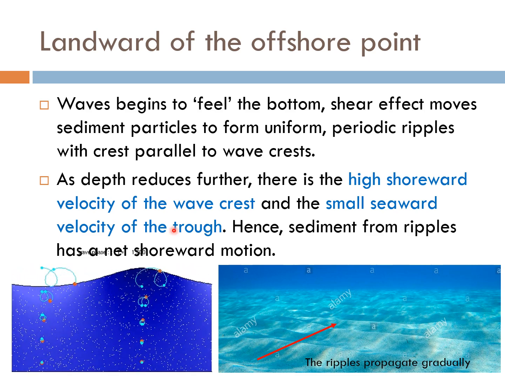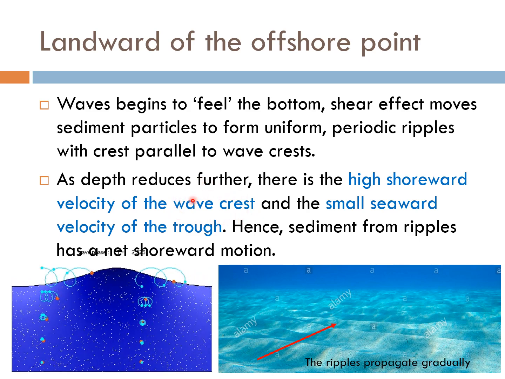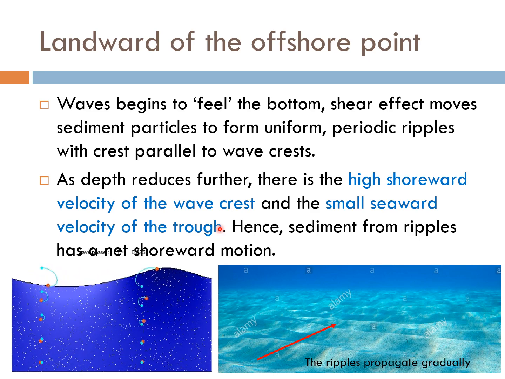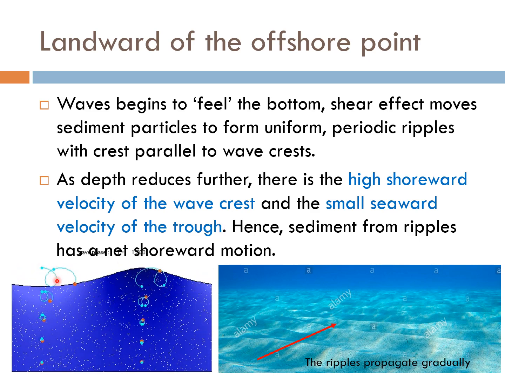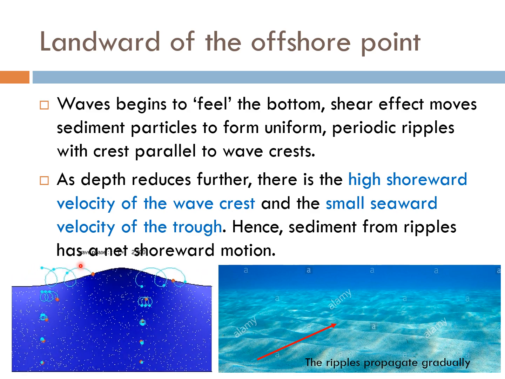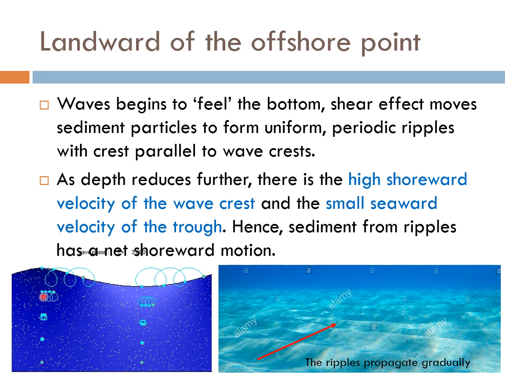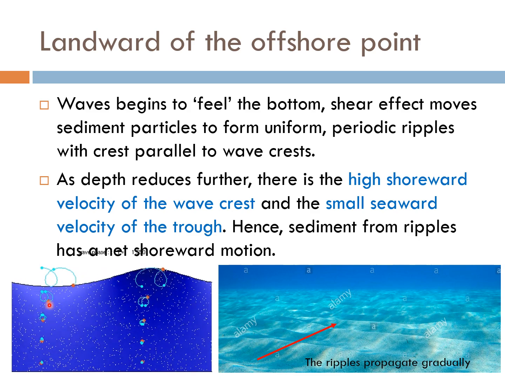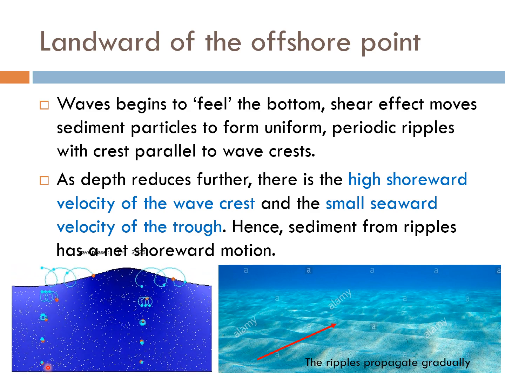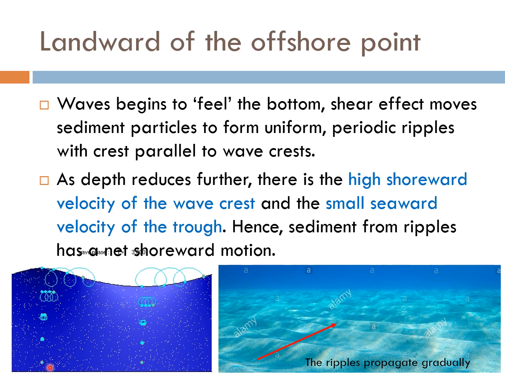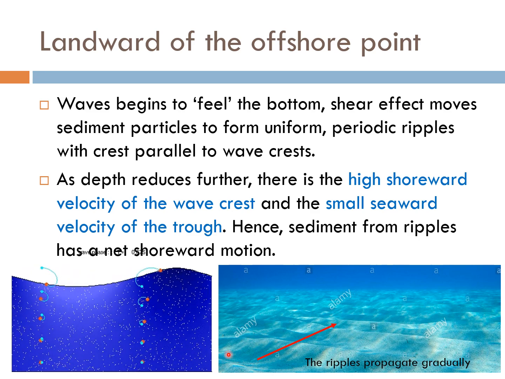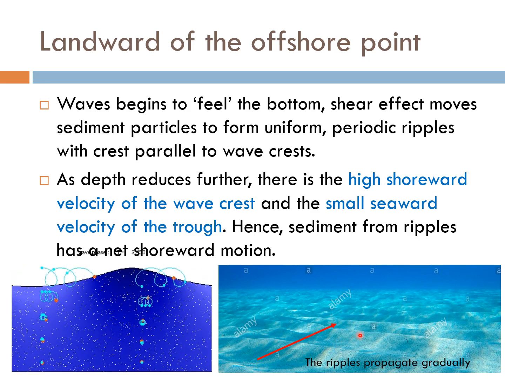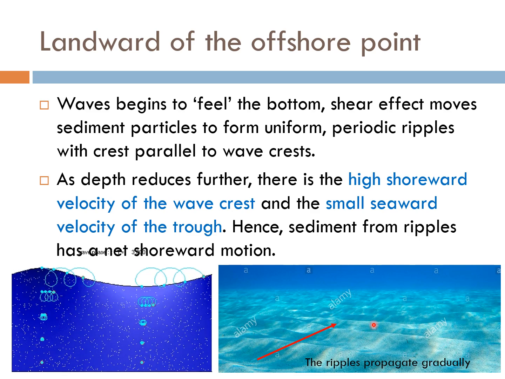This causes the crest to have a higher forward velocity, whereas the trough has a smaller rearward velocity. Because of that, we get a net forward motion, not only on the water surface, but also in the water column as well. And since the orbital motion goes all the way down and interacts with the seabed, it also experiences a net forward motion, which causes the ripples that form on the seabed to move or propagate slowly in the same direction as the wave.